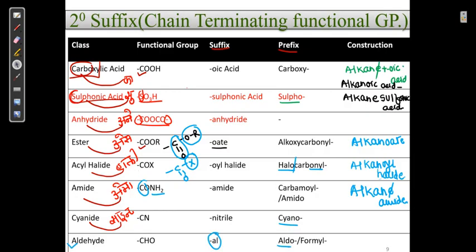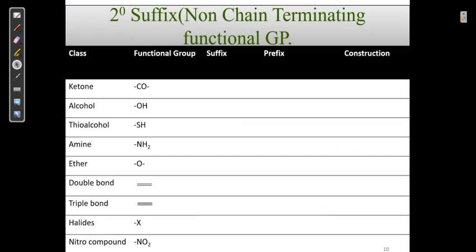Now we have to remember this in sequence. Due to that I have told you Ka, Su, An, S, Hali, Syn. I show you that this is also a non-chain terminating functional group.